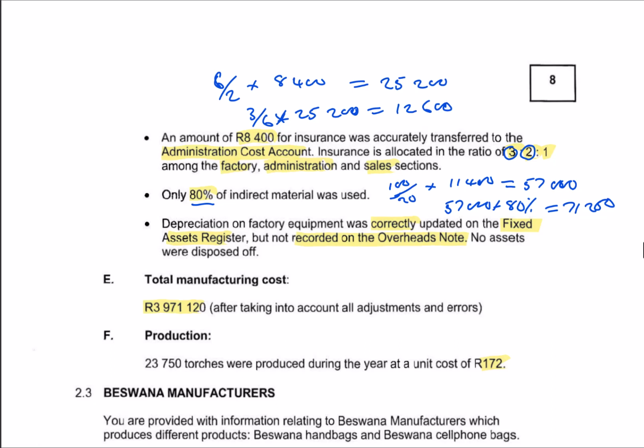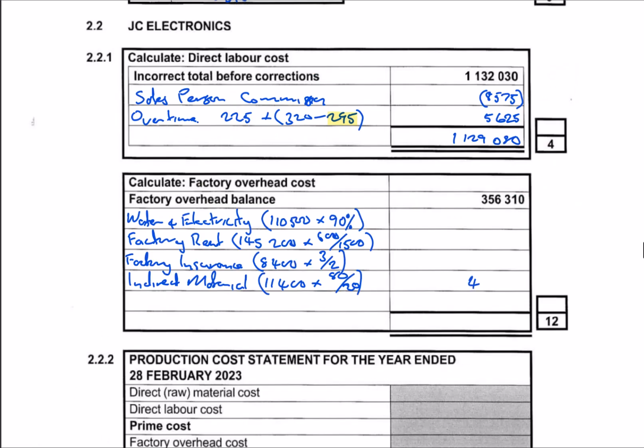That's 100 divided by 20 times 11,400. It's 57,000. Oh, I see. Then times 80%, now this is 45,600. I don't know how I punched my calculator. Alright, so here you get 45,600. So that's the shortcut.